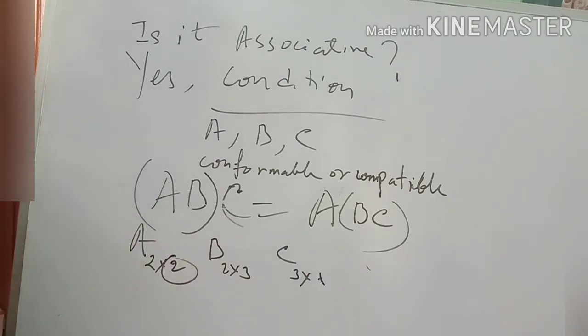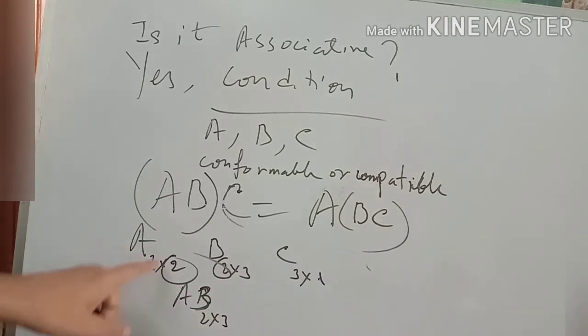So number of columns of A is equal to number of rows of B. Whatever answer we are going to get, the orientation will be 2 cross 3. Are you getting it?